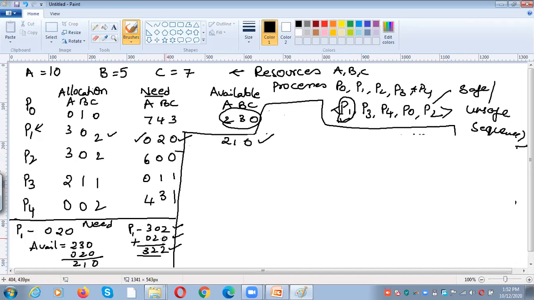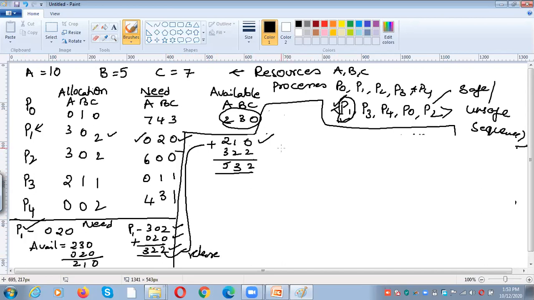So P1 will complete the task, and after using the resources, it will release them. Whenever you release the resources, those values are added to the available value. Why? Because after using the resources, the process has to release them. 2 3 5. So P1 successfully completes its execution and releases all the resources.